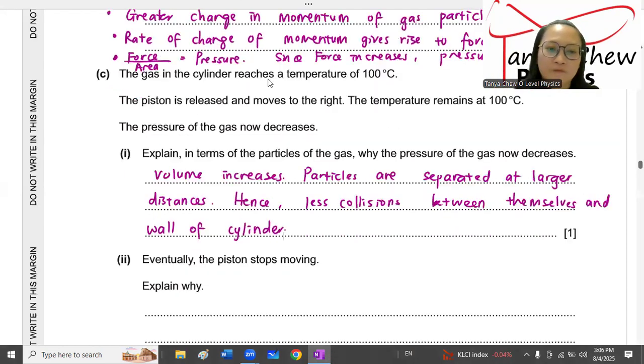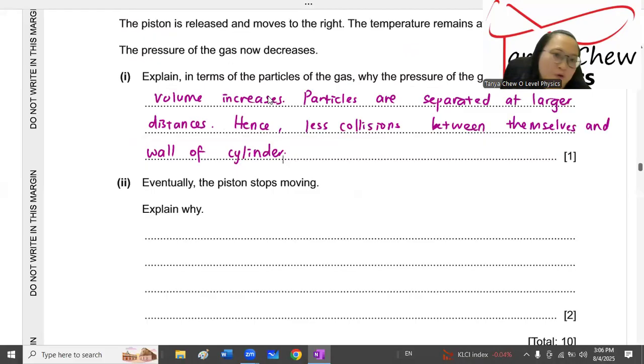Now, the second part, eventually the piston stops moving. I explain why. Piston will keep on moving to the right, until the resultant force acting on the piston is equal to zero. So you might want to ask, where is this resultant force coming from, right? So you know that when the temperature of the gas particle increases, they will push. Push is a force, right?